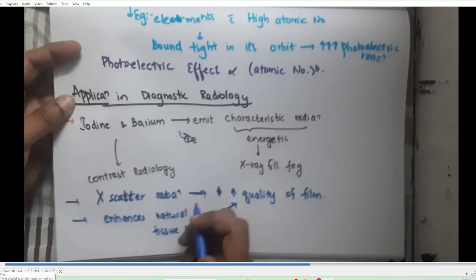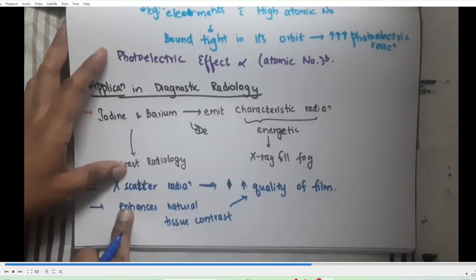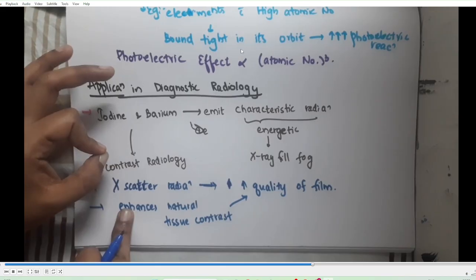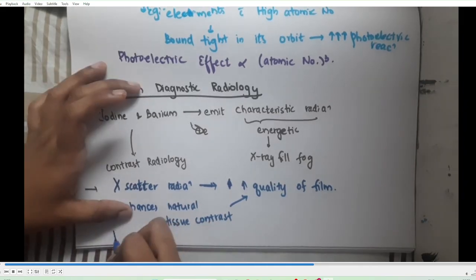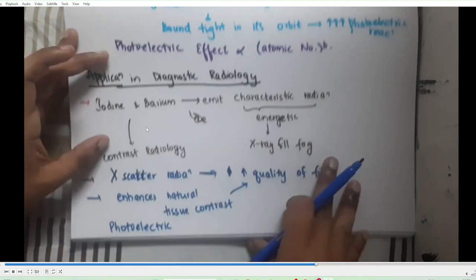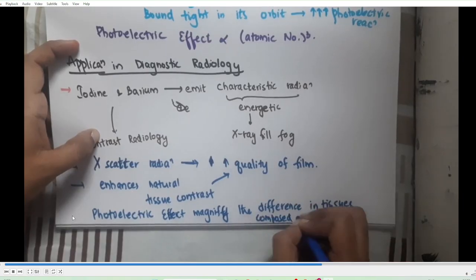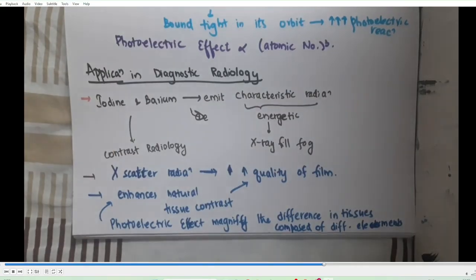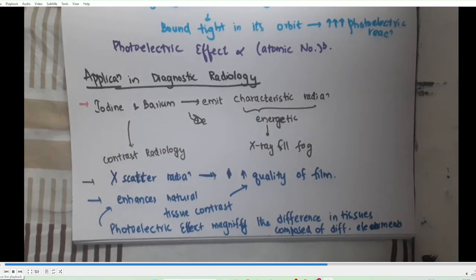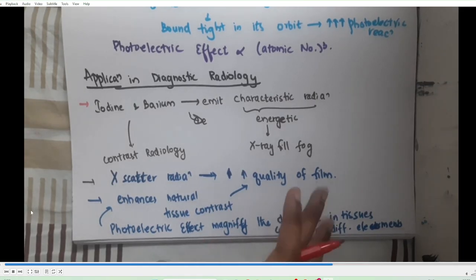Because the number of reactions depends on the third power of atomic number, the photoelectric effect will magnify the differences between tissues composed of different elements, such as bone and soft tissue. So, from the point of view of film quality, the photoelectric effect is very desirable.